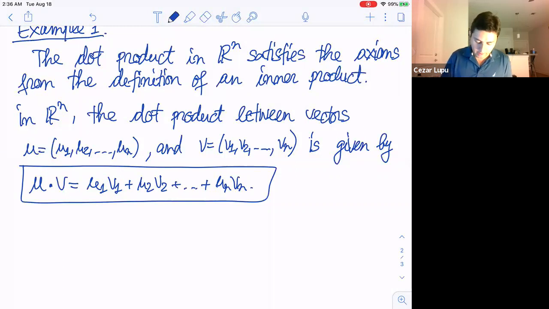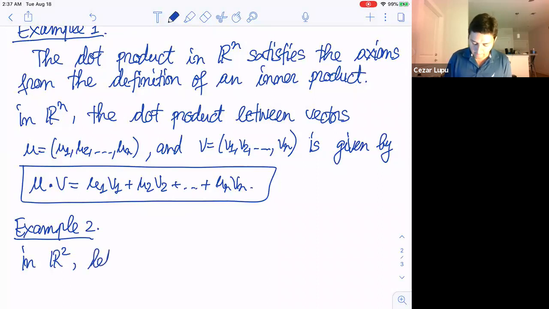Okay, the next example that I have in mind is a different type of inner product for R2. So in R2, let's consider two vectors, U equals (U1, U2) and V equals (V1, V2).